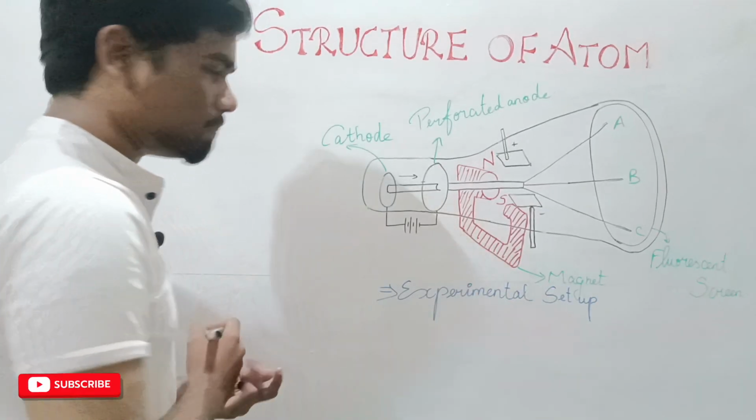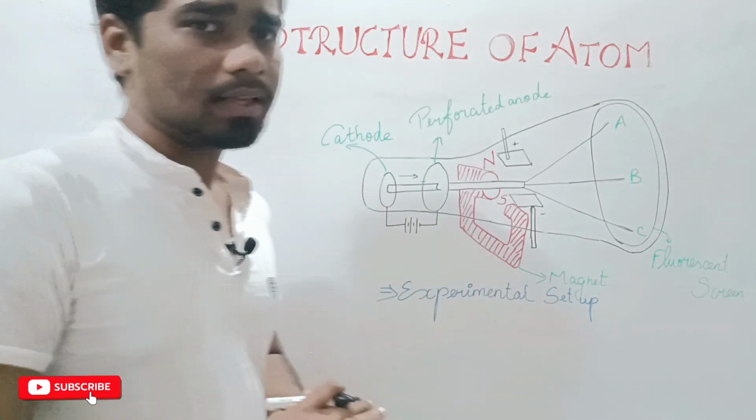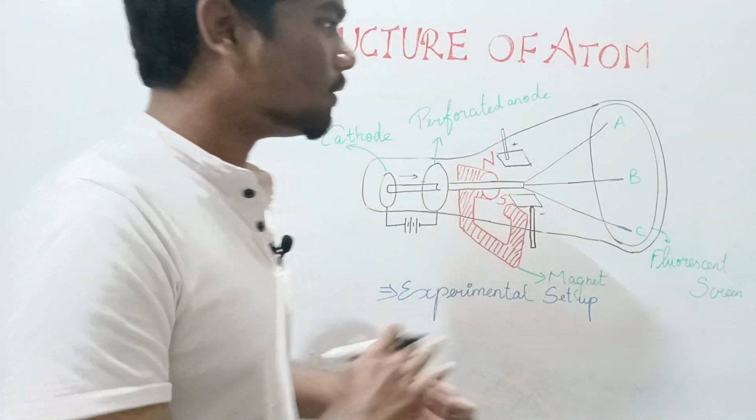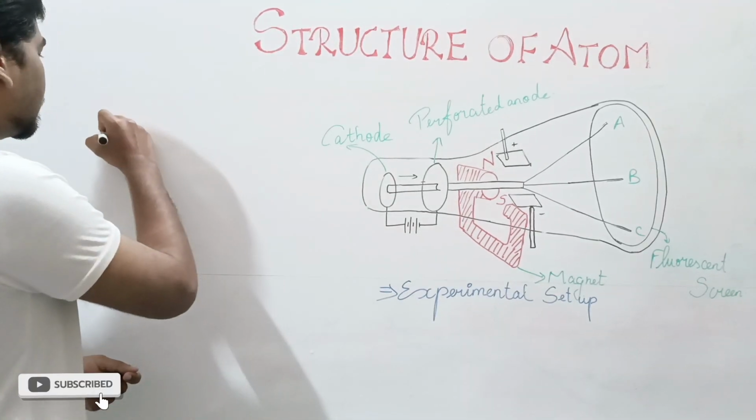So in this experiment, there is a principle that J.J. Thomson used. What are those principles? I am writing it here.